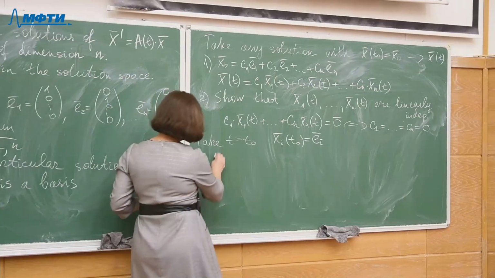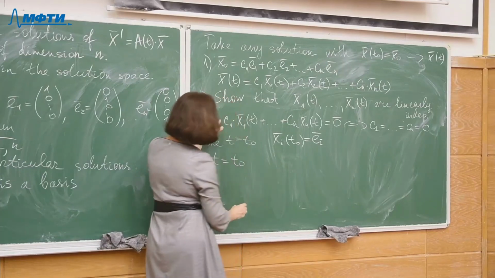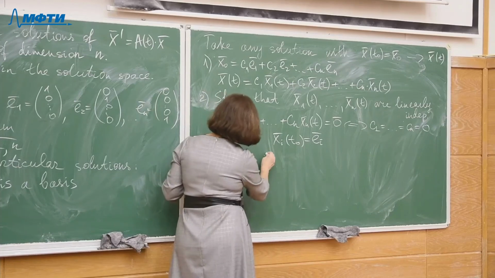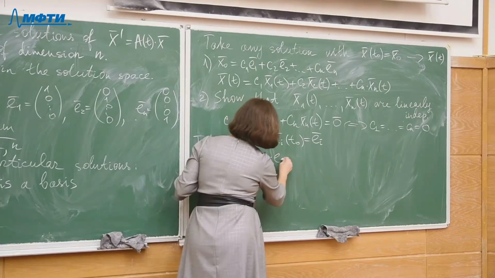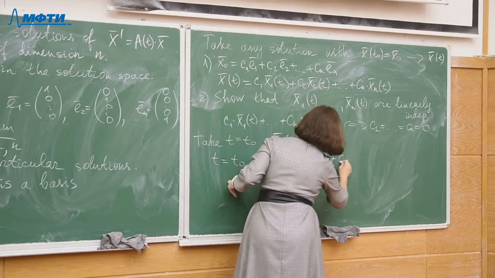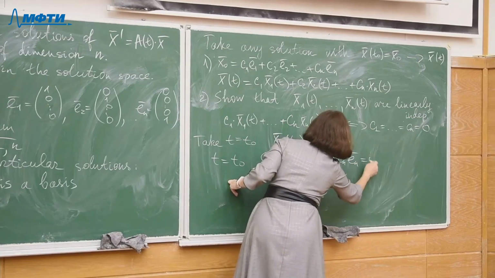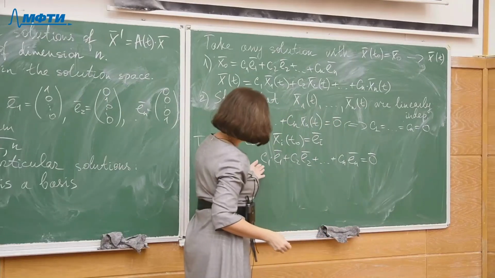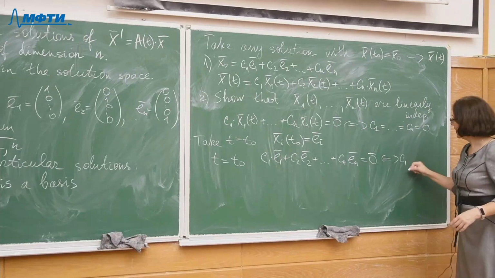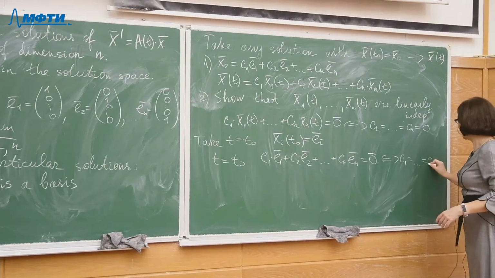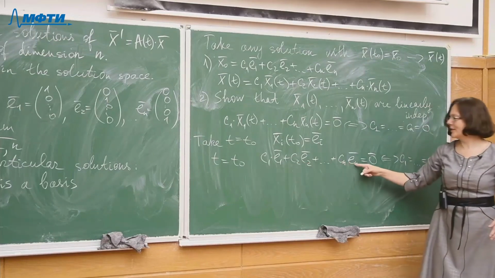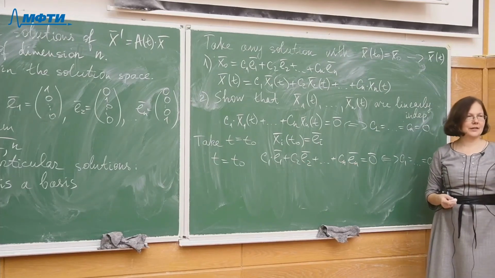So for t equals t0, this equation is reduced to the equation C1 times E1 plus C2 E2 plus dot dot dot plus Cn En equals 0. But this is satisfied only for Ci that are identically 0, because E1, E2, and so on, En are basis vectors in Rn.